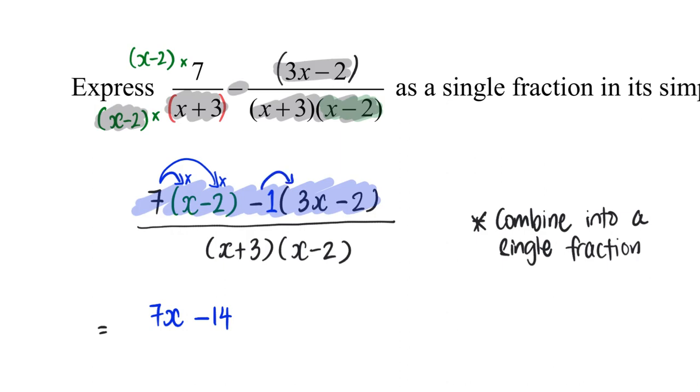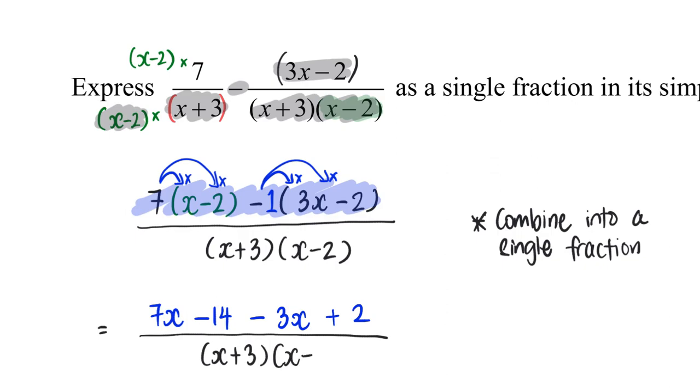So negative 1 multiplied by 3x, positive. This will give me negative 3x. Negative 1 multiplied by negative 2, positive 2. The whole thing is still over my x plus 3, x minus 2.